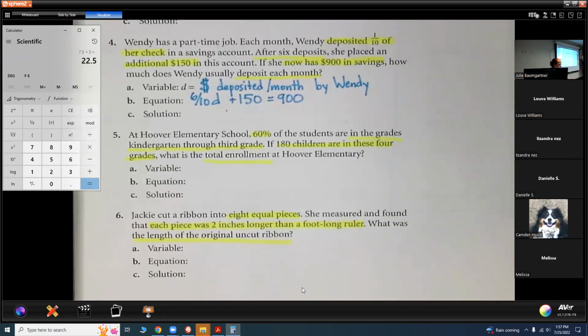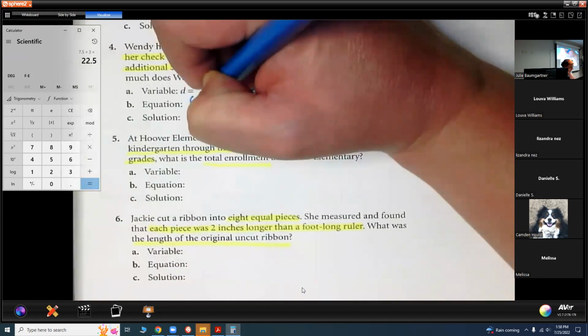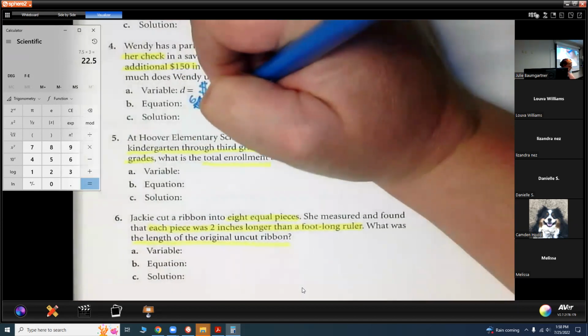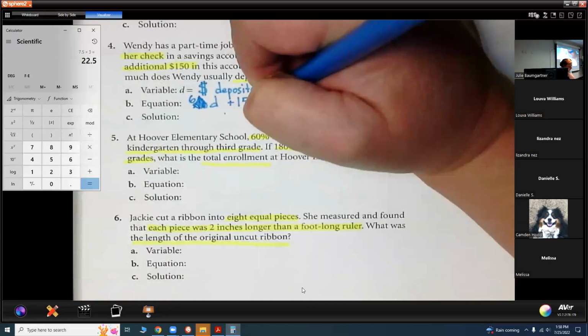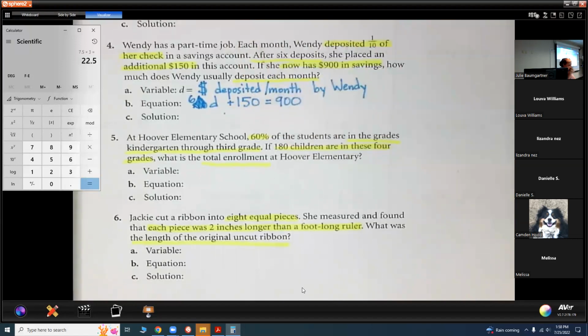Sorry, I totally messed up. So take this part away. So 6 deposits plus another $150 gives us $900. So you don't have to make it into an equation. You can definitely reason these ones out too, don't feel like you have to use an equation.